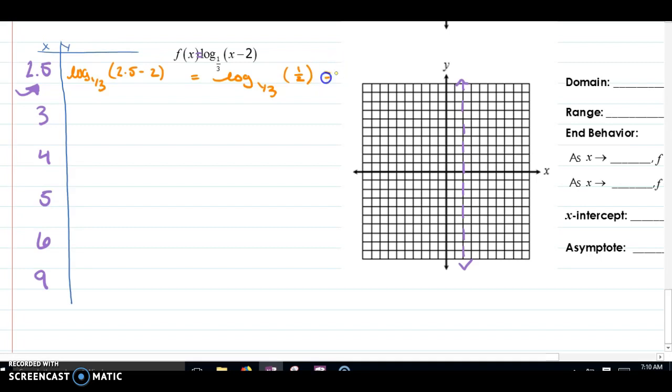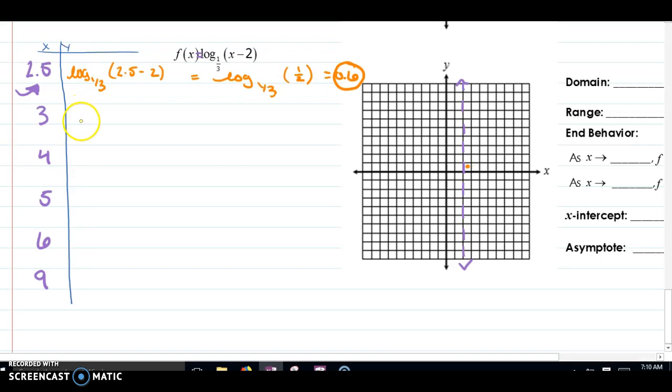And that gives you 0.6. And you're going to get crazy decimals for this because they're logs that you don't know how to evaluate. So that's going to be 2.5 comma 0.6.